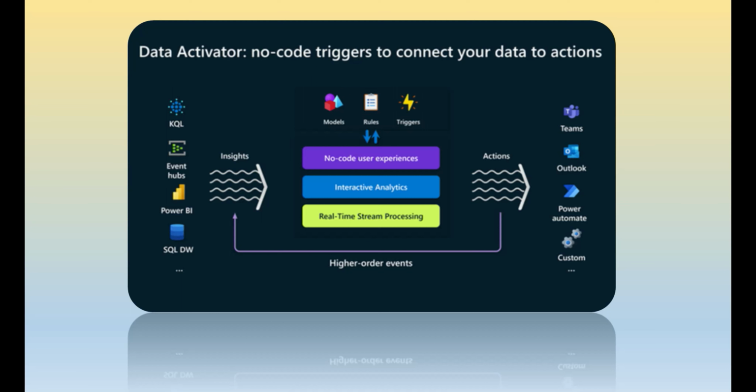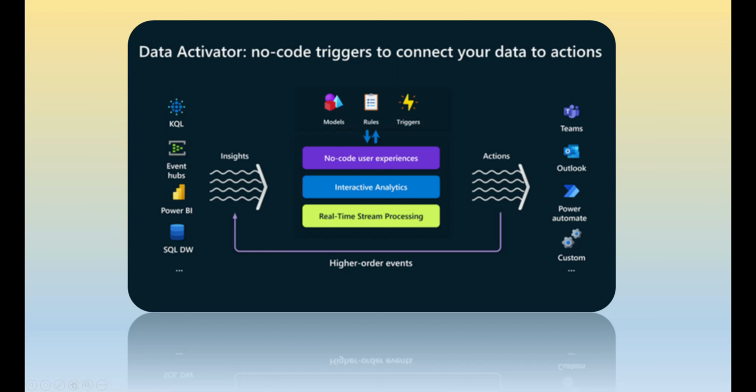And finally, what we are saying here is it is no code, and it detects the pattern and takes the actions. So there are three things to keep in mind. It is no code, which means you are not writing any code, and it detects the pattern that you write. That pattern is part of the rules you are writing.